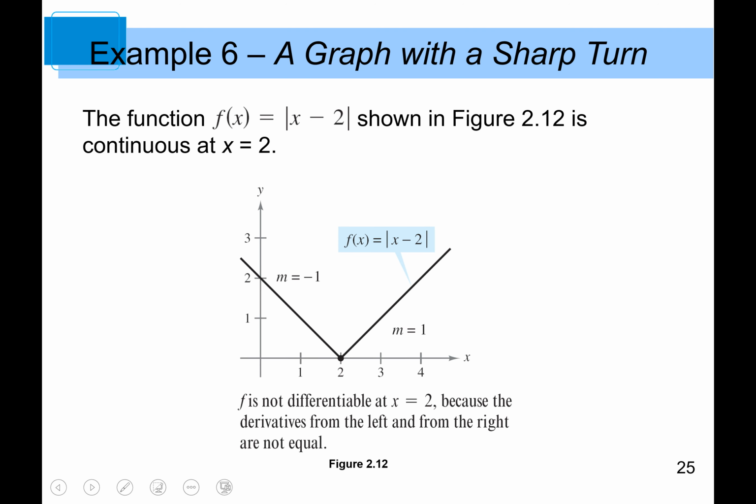Consider the function f of x equals the absolute value of x minus 2, shown in figure 2.12 below. It's continuous at x equals 2. Actually, it's continuous everywhere. However, it's not differentiable because the derivative from the left and the derivative from the right are not equal to each other.